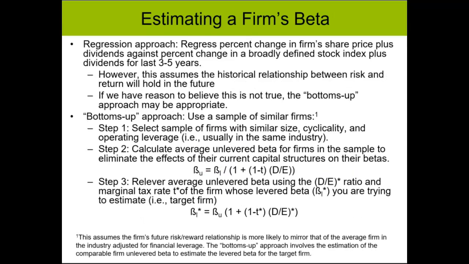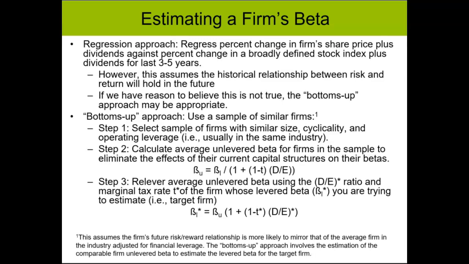Estimating a firm's beta, you have two approaches. You can use the regression approach or the bottom-up approach. Unlevered beta is determined by the characteristics of the industry in which the firm competes and its degree of operating leverage.